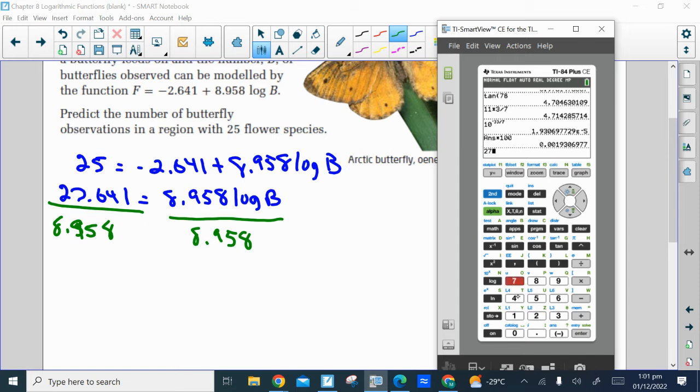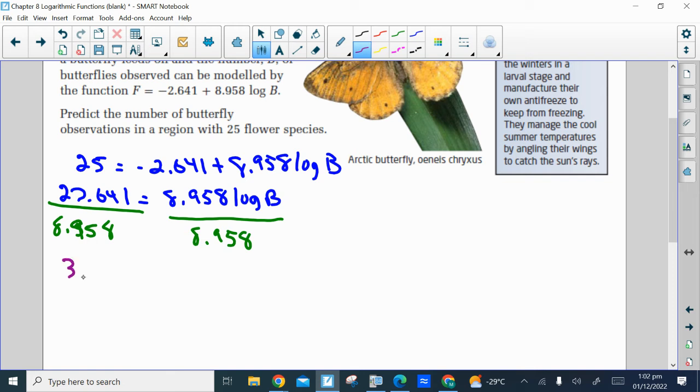So 27.641 divided by 8.958. Approximately 3.09. So I'm going to round it to write it down, but I'm keeping that entire number in my calculator.